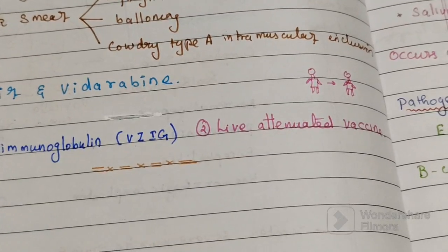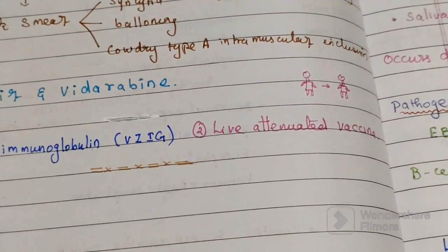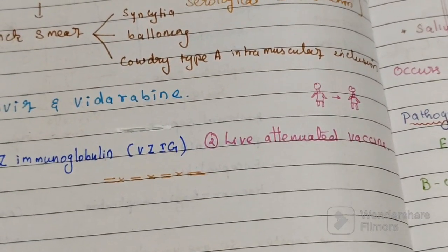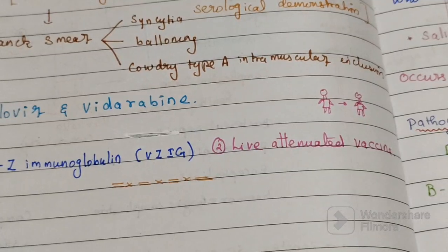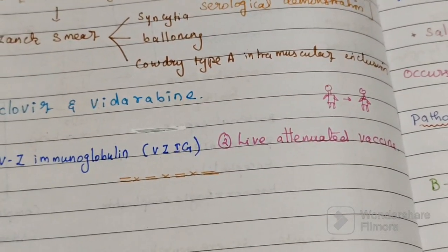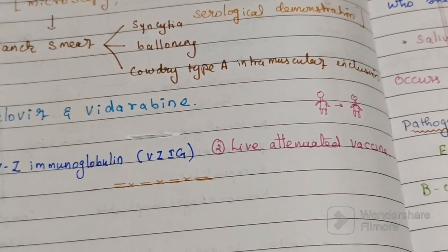So now what will happen? Within 72 hours of exposure, varicella zoster immunoglobulin is effective. It is given as an intramuscular injection, first dose, and a second dose after 3 weeks.